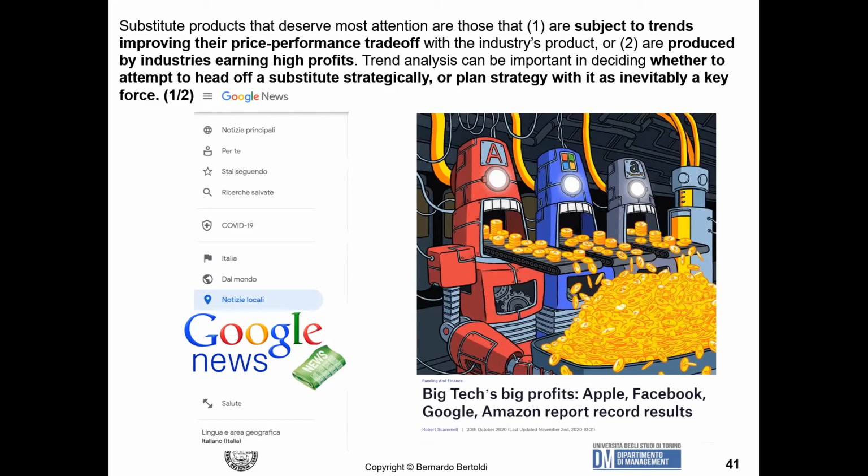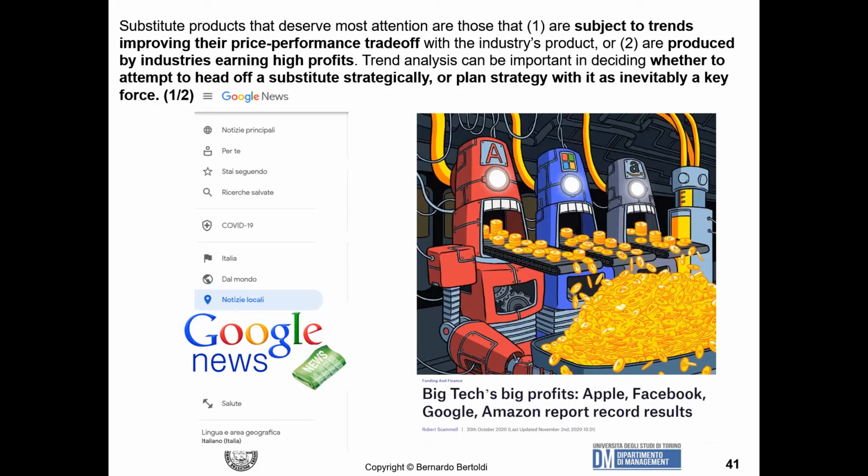So if you look at newspapers, little by little, they started to compete with big tech. For example, Google News is not exactly competing, but it's doing the same job to be done, giving information to customers.